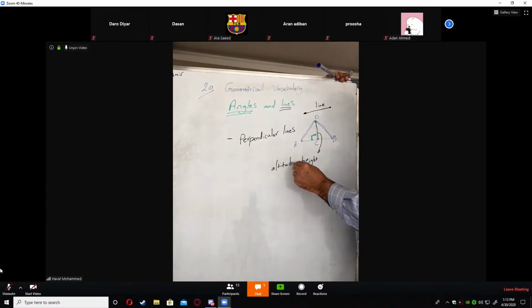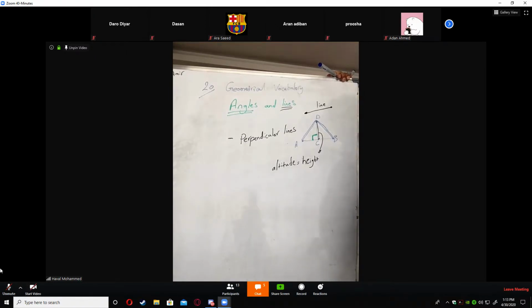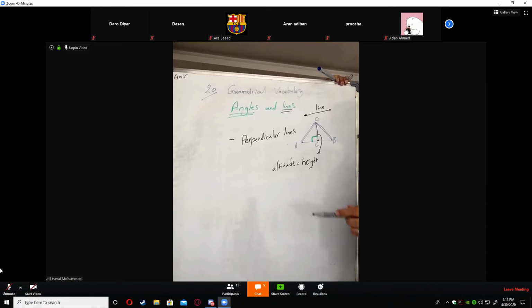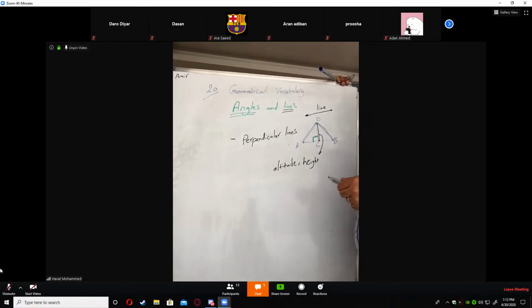Maybe you need the altitude more for physics. If we have a triangle and a line running from one corner to the base, with 90 degrees between that line and the base, then we call it the height or altitude. Is it clear?